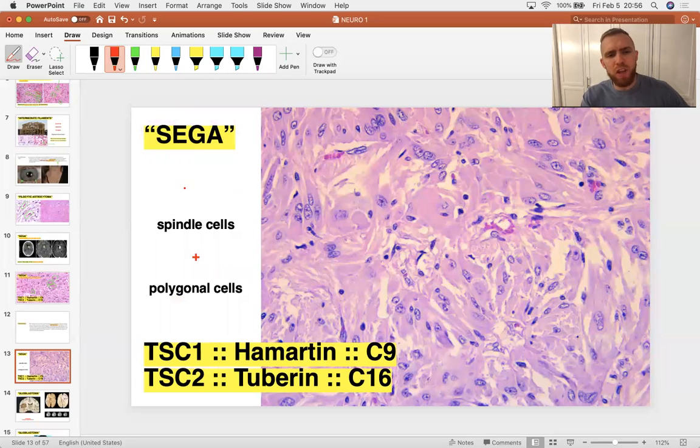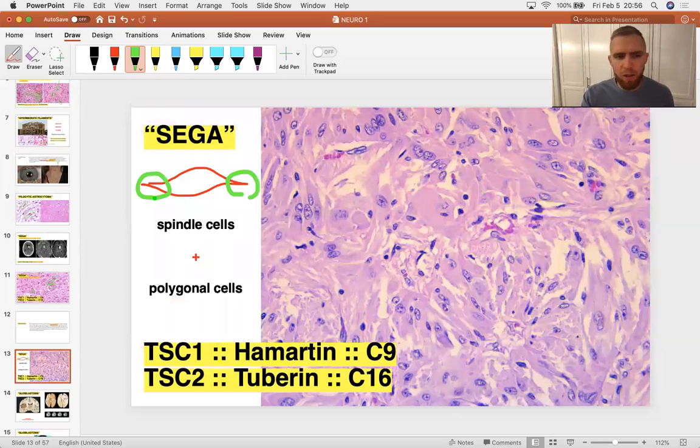And a spindle cell is going to be anything that's kind of shaped like a pair of lips, you know, that kind of has a point. That's a terrible pair of lips, but a point on either end. And if it's got those two pointy ends, we refer to those tips of the cells as spindles. So when you see spindle cell, for example, a fibroblast or a smooth myocyte, that's exactly what that is.